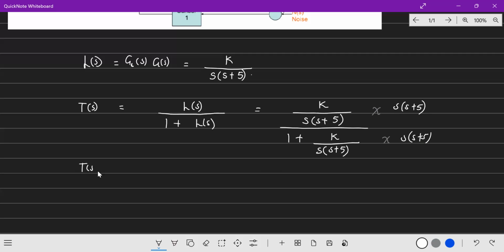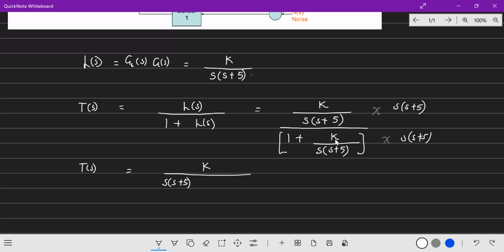Now the next thing is simply to simplify that. So T of S will be equal to, if you multiply here, the numerator and this factor will cancel out, and you end up with K divided by, in the denominator, S times S plus 5 times 1, which is S times S plus 5.